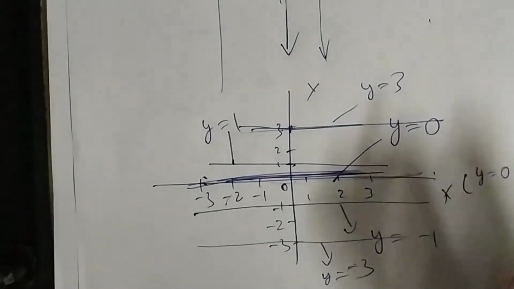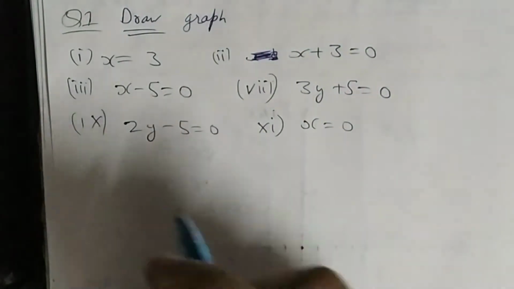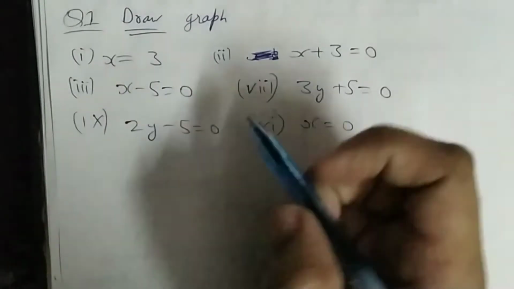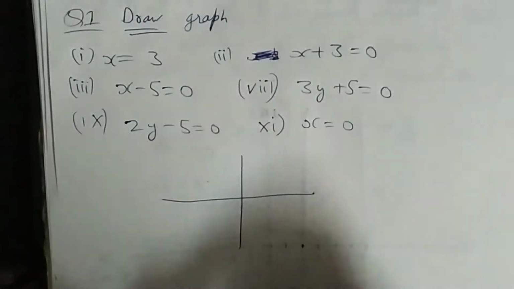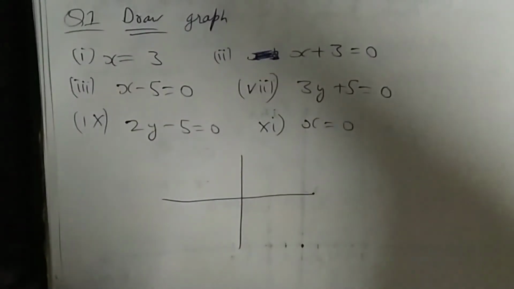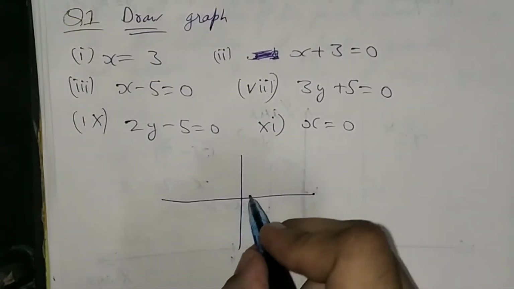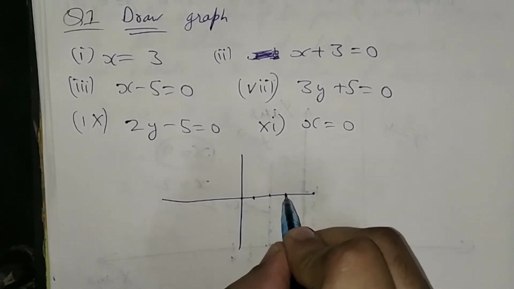So our first question is based on only these properties. This is our first question. I will not explain all the parts, just 2-3 parts. So x equal to 3. Just draw the x-axis on your graph. Then x is 1, 2, 3.